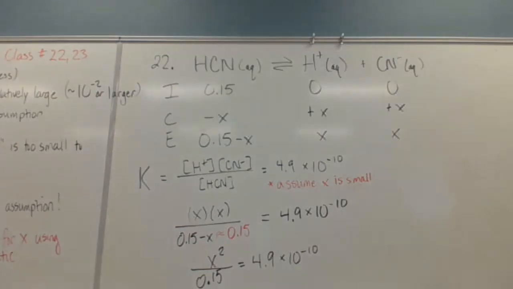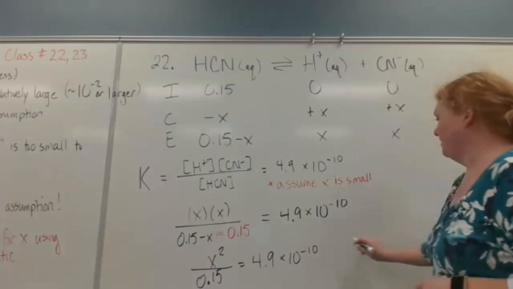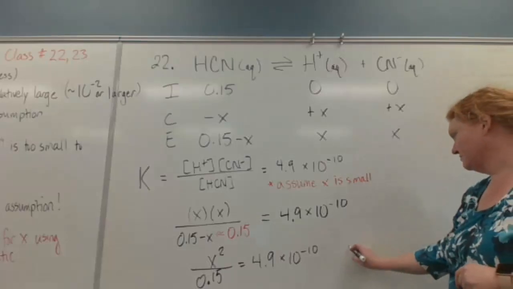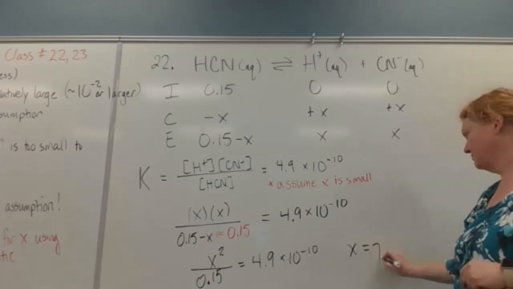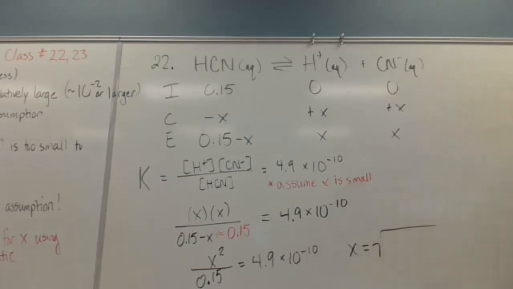So 0.15 times my K value, and then I'm going to take the square root of that, right?